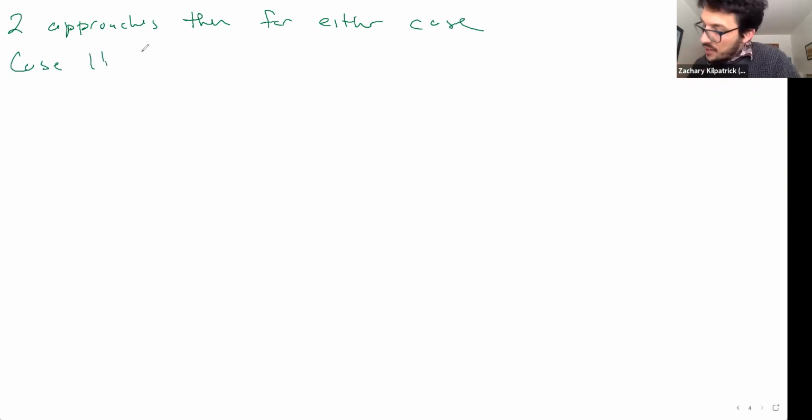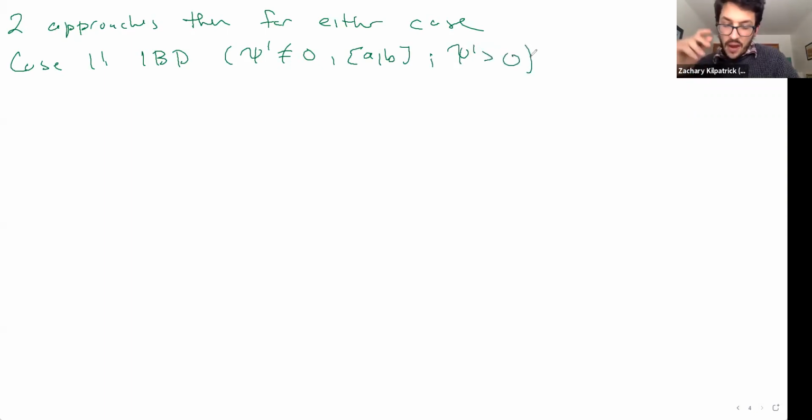And case 1 is the one that we talked about already, which is integration by parts. If phi prime is not equal to 0, and let's say, for instance, phi prime is greater than 0, we can change variables.